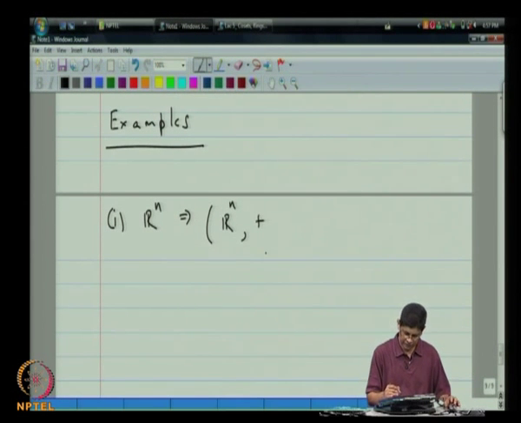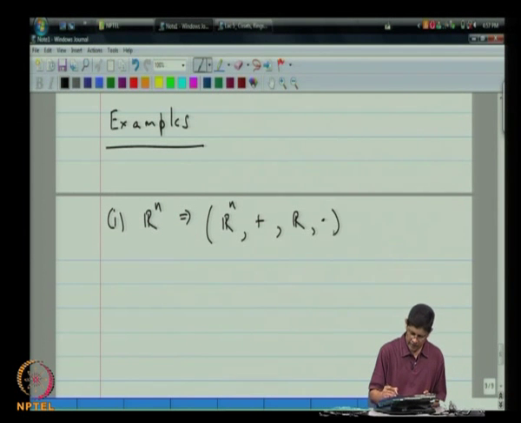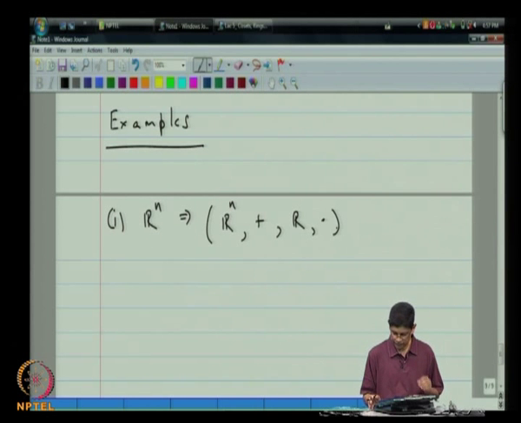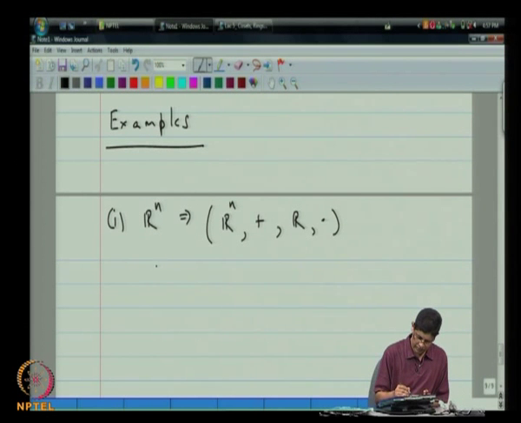This is ordinary vector addition. The scalars are the real numbers and you have multiplication. Okay. So, this is an example within an example.